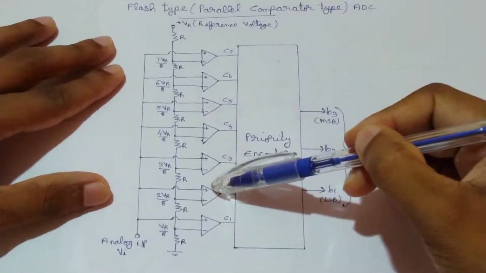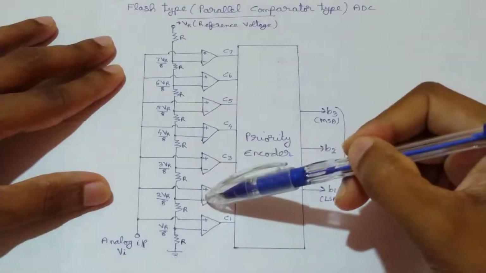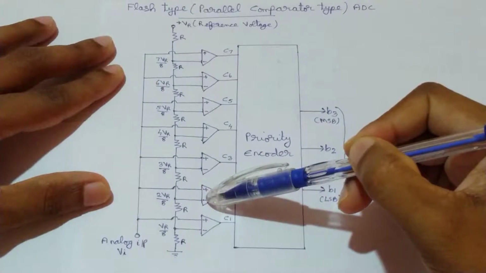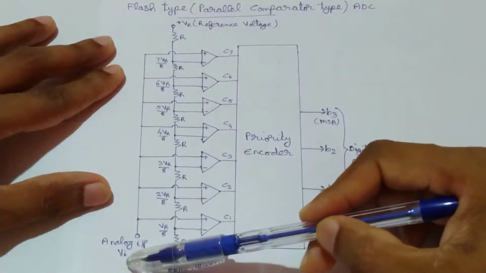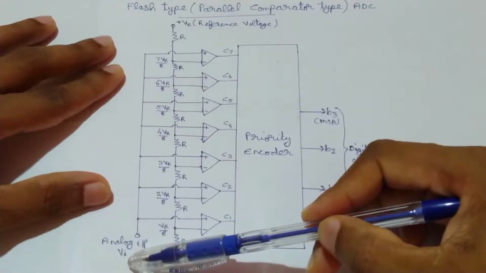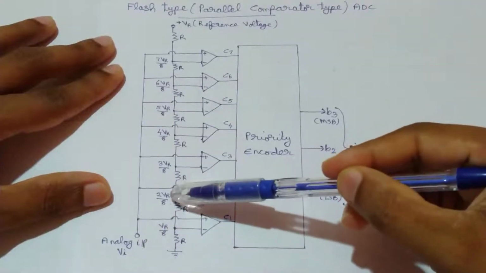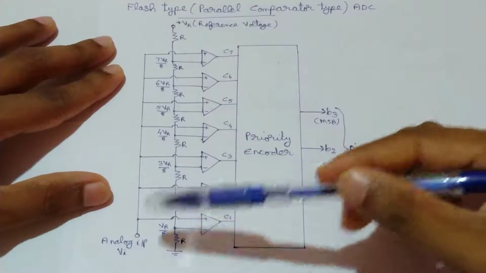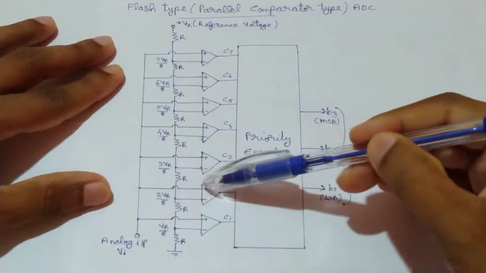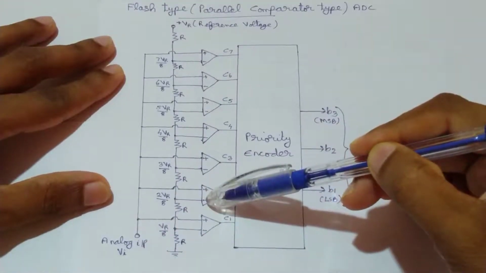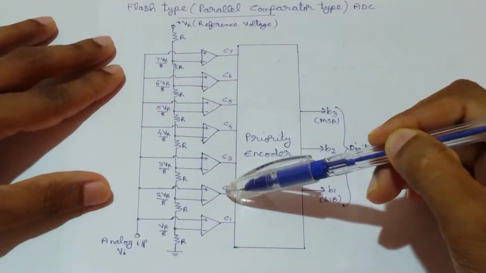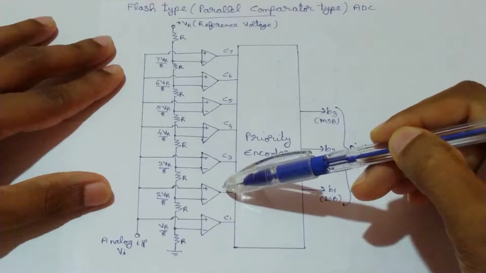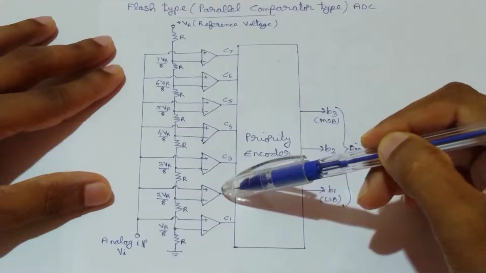Now consider this comparator 2. The voltage at the inverting terminal of comparator 2 is 2 VR by 8, and we have considered that this Vi value is less than or equal to this 2 VR by 8. So actually it is less than this 2 VR by 8. So voltage at the inverting terminal is greater, so the output of this comparator will be low, so it will be logic 0.